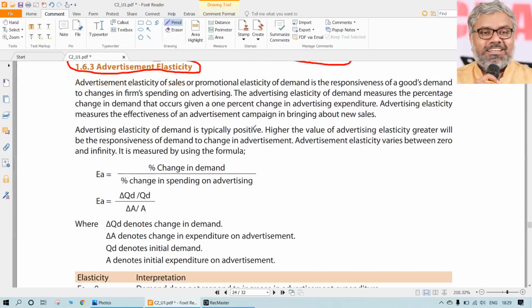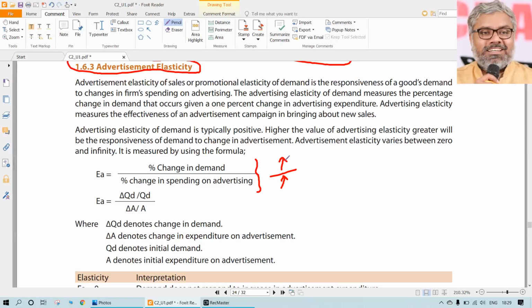Advertisement elasticity can also be calculated. What is there? Percentage change in demand divided by percentage change in advertising. So what does that mean? Usually these two are related directly. So the more the advertising, the demand also will increase more. In general, that's how it happens.